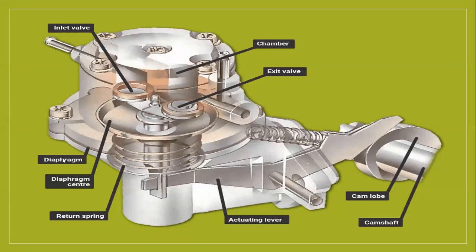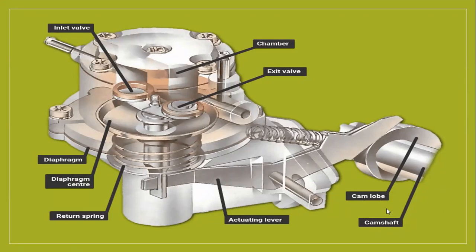The main one is the diaphragm. That's the diaphragm. Very difficult to write this term. Diaphragm. Then the chamber and inlet valve. It is operated by the camshaft. That is why the camshaft and cam lobe are there.